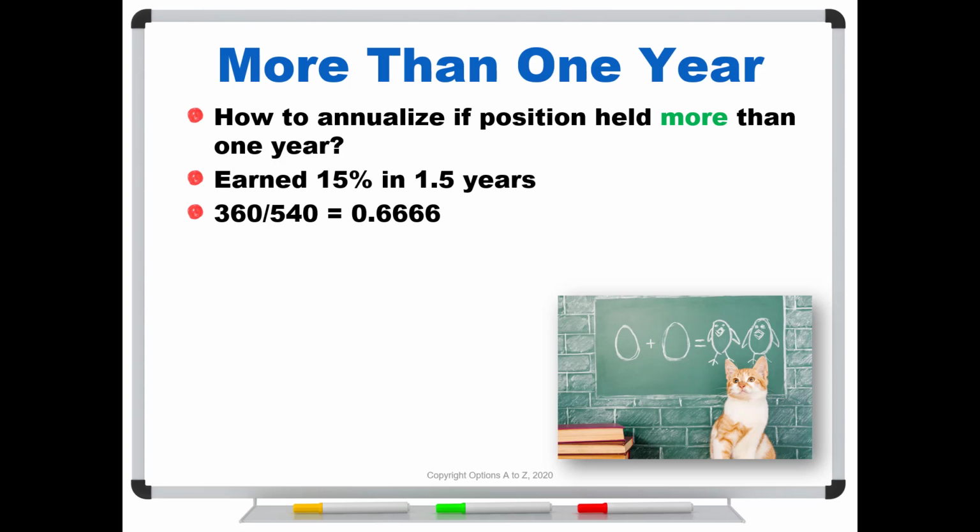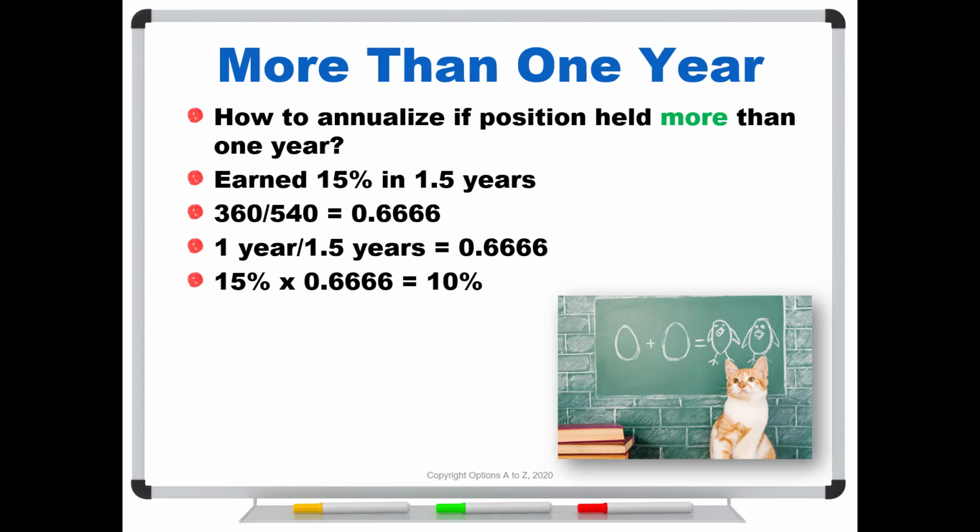Now we could also get there a little quicker by saying 360 days is a year divided by 1.5 years. Same thing. So that becomes our annualization factor. Take the 15% times the 0.6666 and we get 10%, which should be somewhat intuitive.